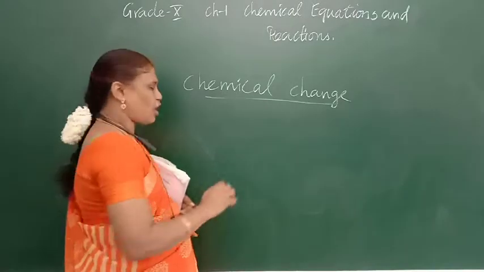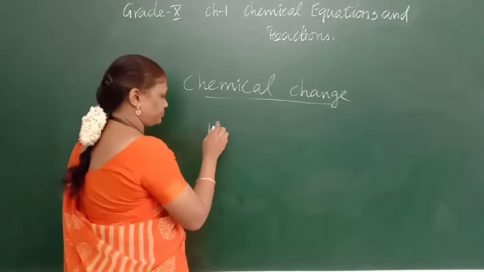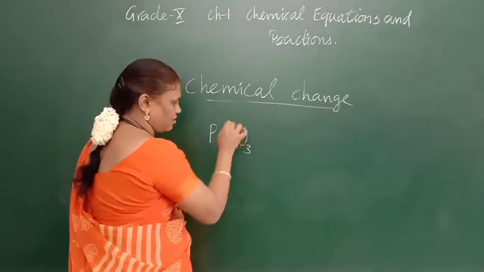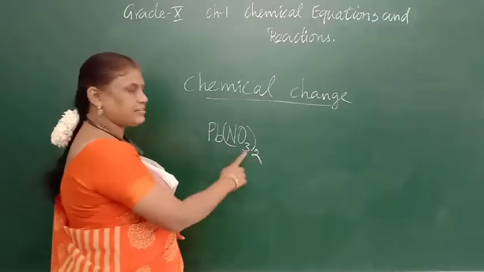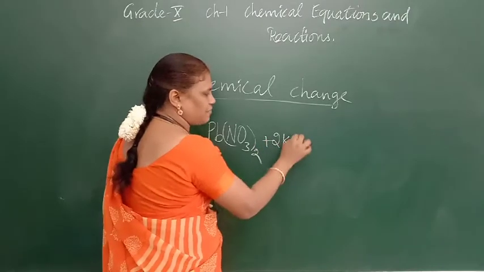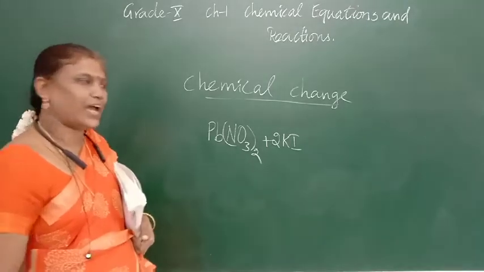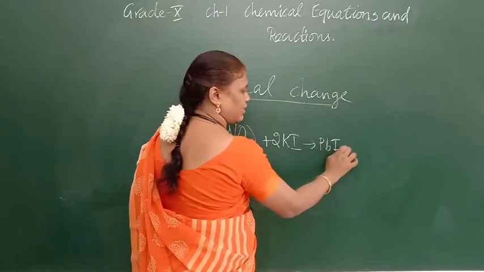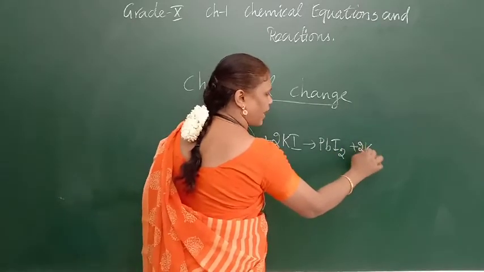Let us see now the change in color. For example, lead nitrate. What is the valence of lead? It is 2. So lead nitrate, when it reacts with potassium iodide, gives lead iodide plus potassium nitrate.